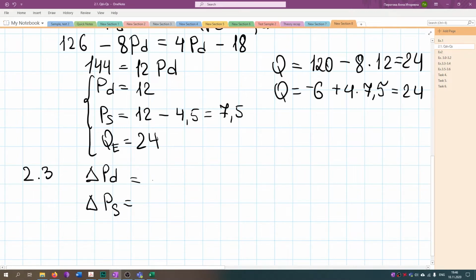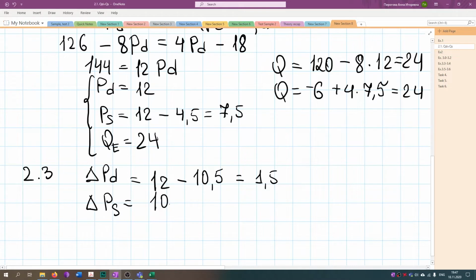So in the first case, our new price is 12, and we subtract 10.5 and get 1.5.